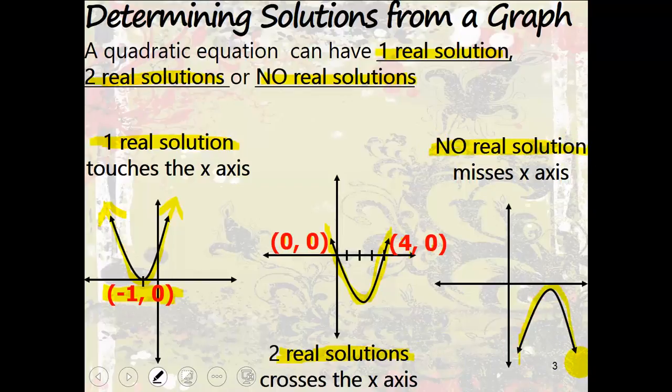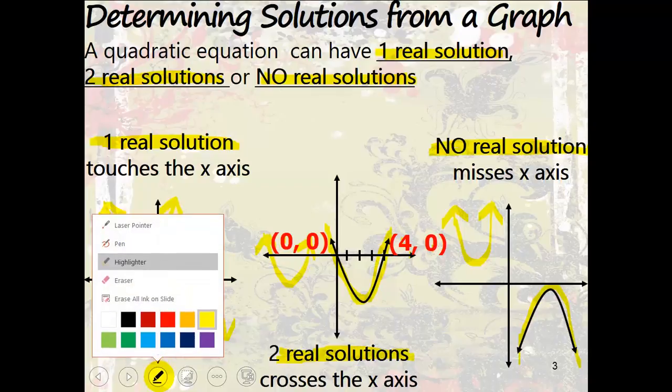And then we could have no real solutions like up in here, two real solutions like in here, or one real solution like this. There's lots of possibilities. But the big picture is it could touch, which is one solution, it can cross, which is two real solutions, or it can miss, which is no solution.